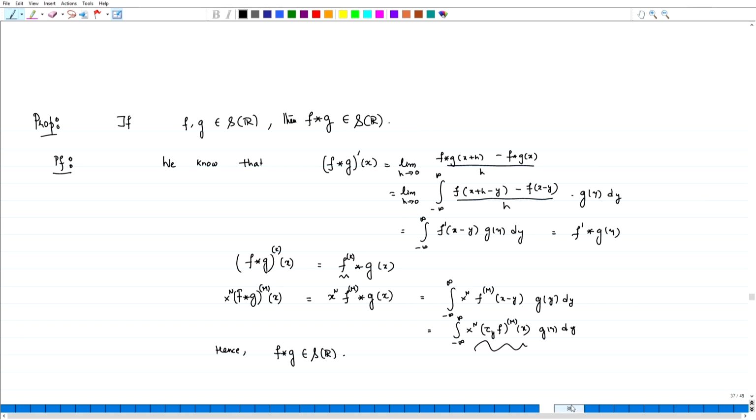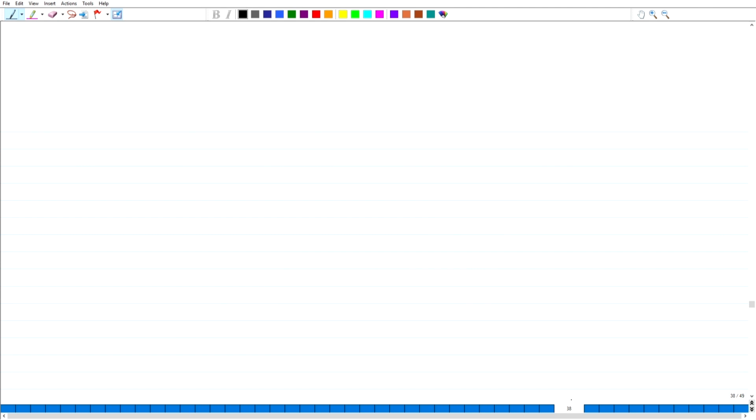Okay. So, now the next important thing as we are talking about is the presence of a good kernel.